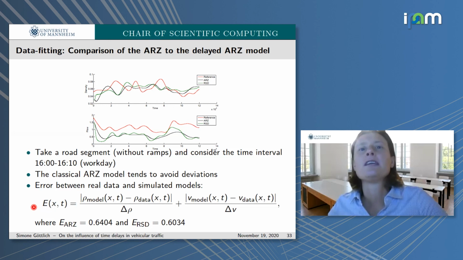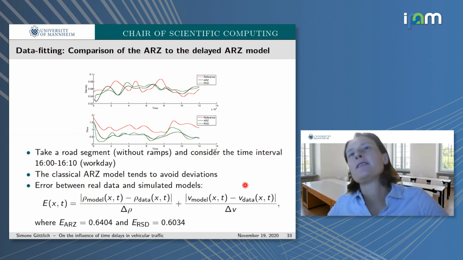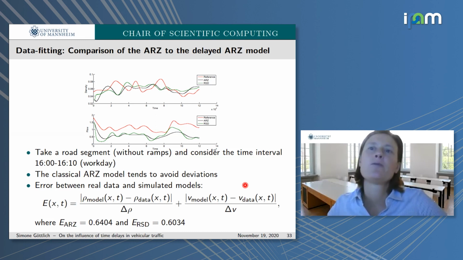We could see that the RZ model leads to an error of 0.64 and so on, while the RSD model leads to a slightly lower error of 0.60 and so on. So far, we were very happy to see that the delayed RSZ model is also able to capture this real-world phenomena.